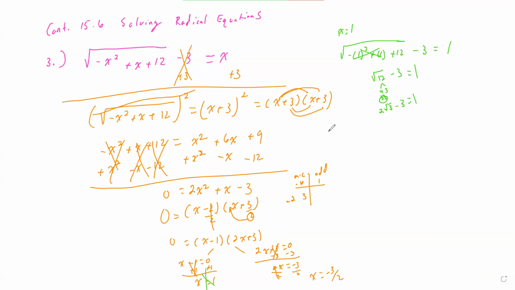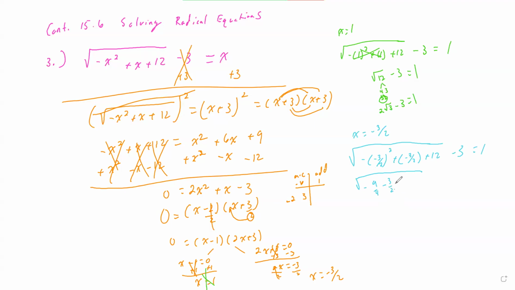So now we'll do the x equals negative 3 halves. So I'll do negative 3 halves squared plus negative 3 halves plus 12 minus 3, and we'll determine if that equals 1. So that'll give me negative 9/4 minus 3 halves.